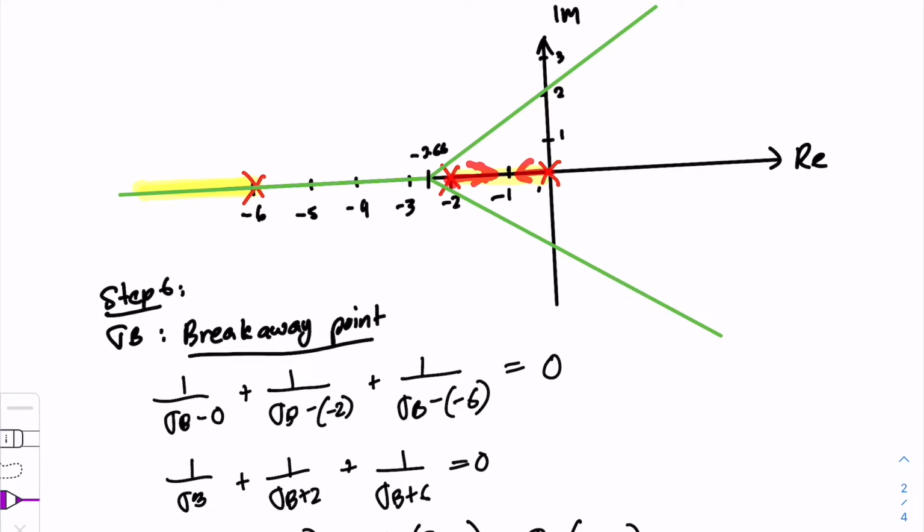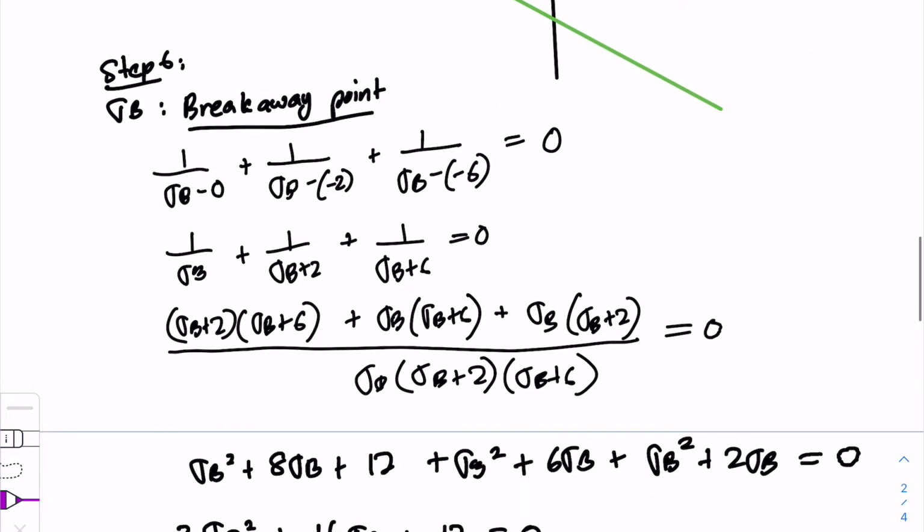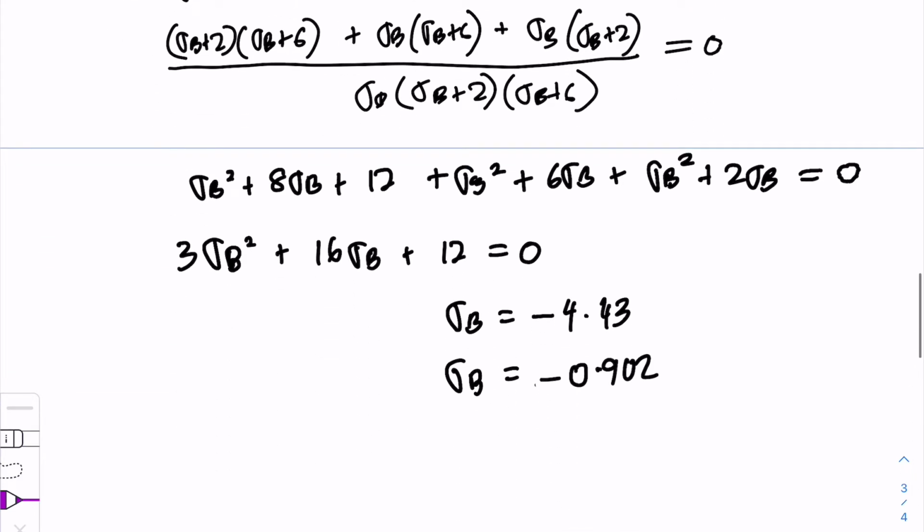So the position of your breakaway point must be between 0 and minus 2. So minus 4 is not the value you are looking for. The second value of sigma b is negative 0.902. That is the one you're going to use, and the first one will be neglected.